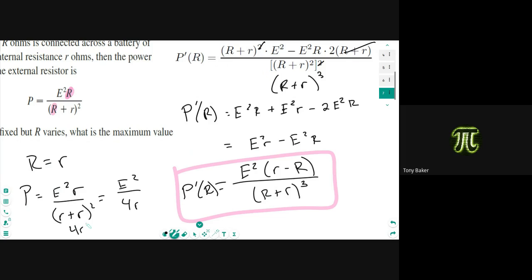So that becomes 4r squared. So that's the maximum power. Big R. Yes. These are plus, so we're adding them, not subtracting them there. Oh, okay. We go back to the original problem. Yeah, so the derivative is there, which is what we wanted, right? But now we have to go back to the original problem to determine the maximum power.